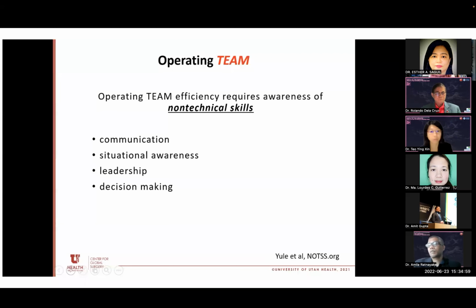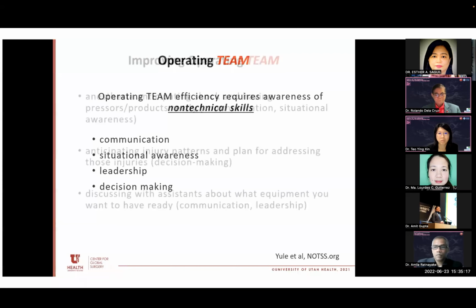There are four major areas that are considered to be critical areas that you need to be aware of: communication, situational awareness, leadership, and decision making. A lot of this work has been done by Steve Yule at Edinburgh, and his website is noted here below.